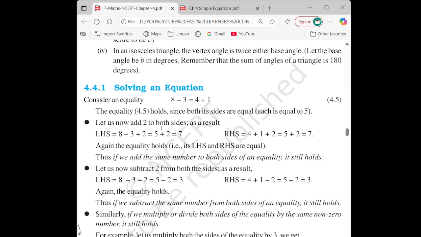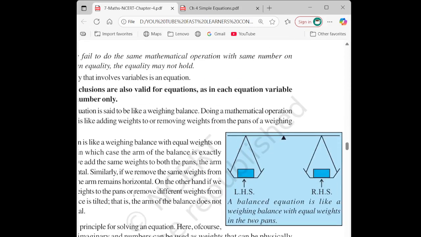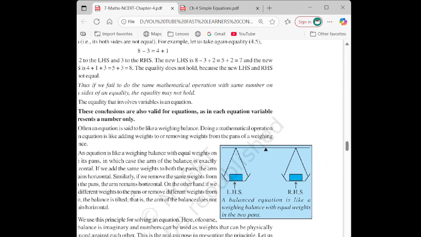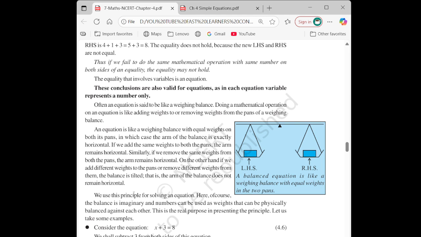If you take that positive number to the other side, the right hand side, it will become negative. And if the number is negative and you take it to the other side, it will become positive. If the number is in multiplication and you take it to the other side, it will go into division. And if you take a division number to the other side, it will become multiplication.